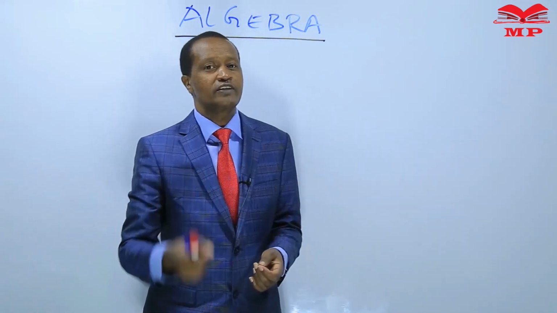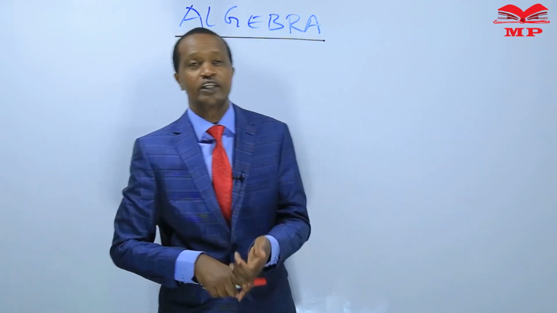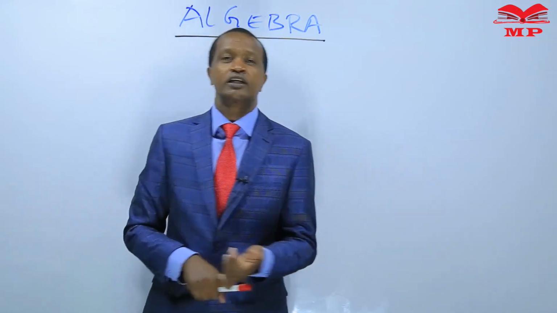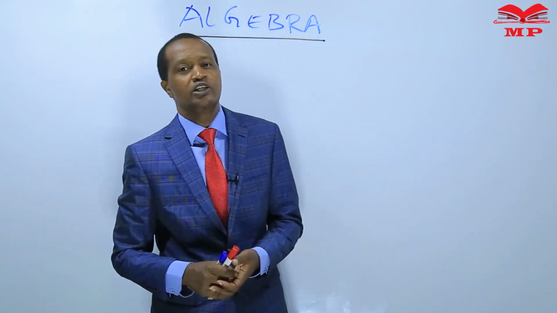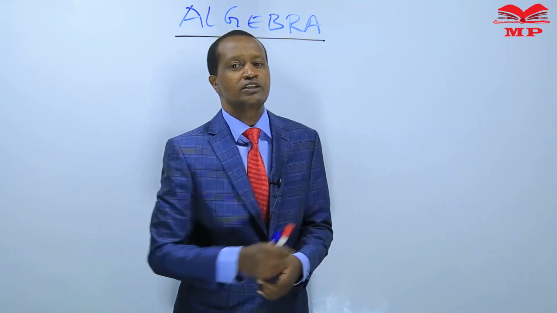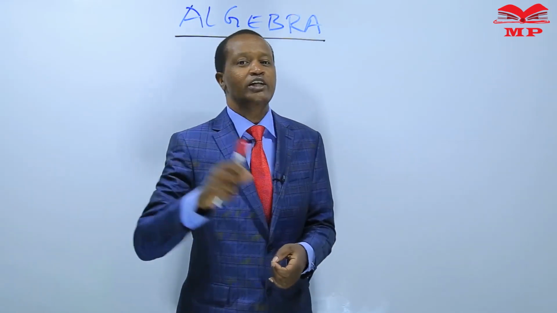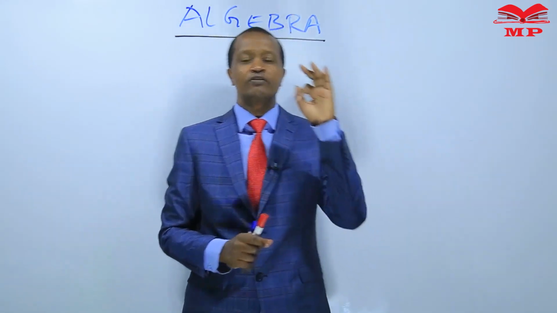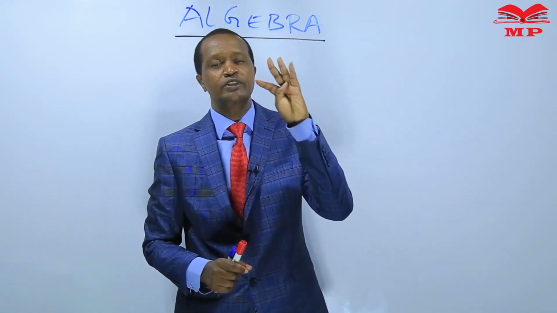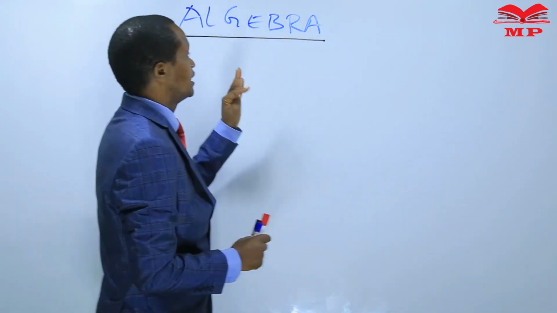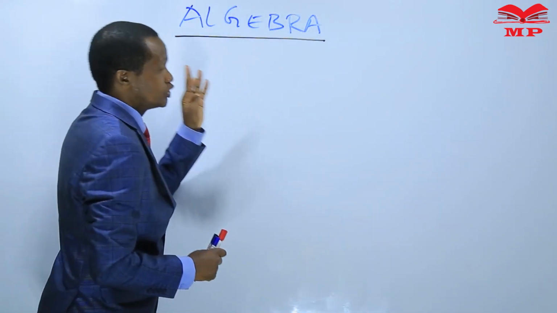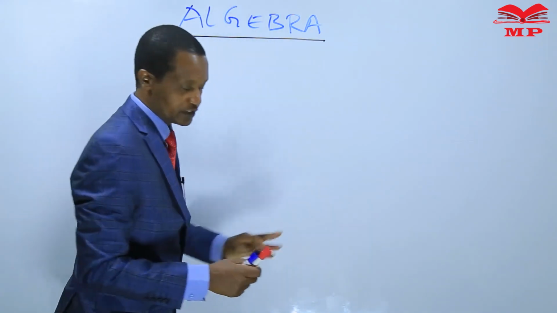Then in standard 5 and 6, you were involved in simplification of algebraic expressions. In standard 7, you simplified inequalities in one unknown. In class 8, we are going to meet 4 objectives.